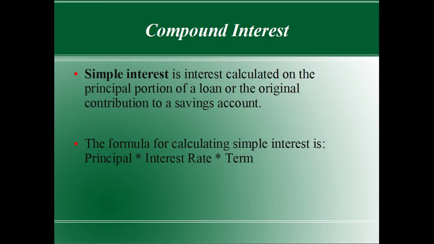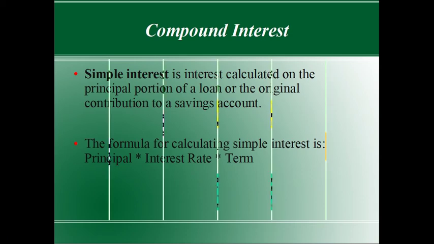So that's all it is. It's just interest on the principal. And the formula for calculating simple interest is the principal times the interest rate times the term, right? The term is whatever length of time that the money was in the account.